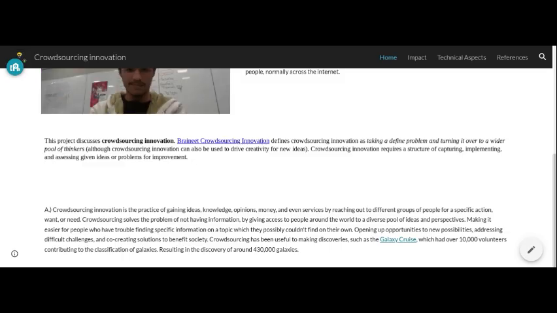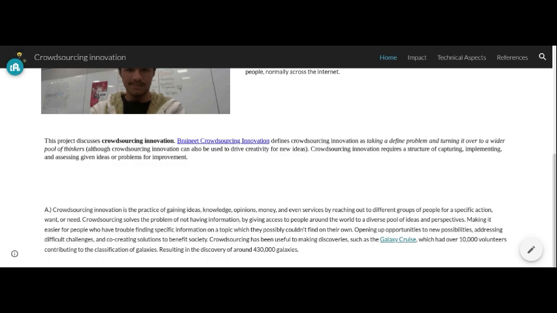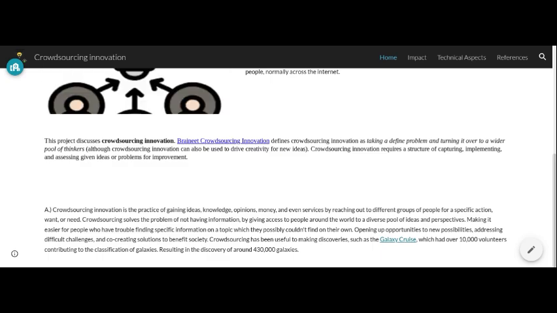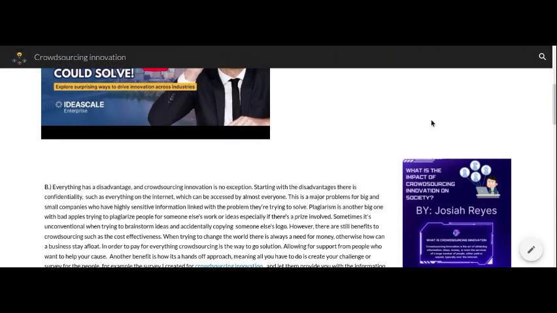So solutions to problems, anything that can involve a group of people coming together to solve something or fix something, or have an impact on something.